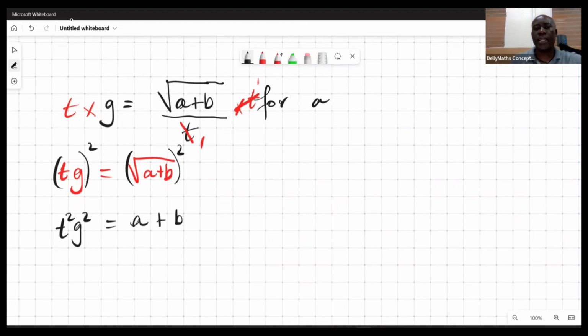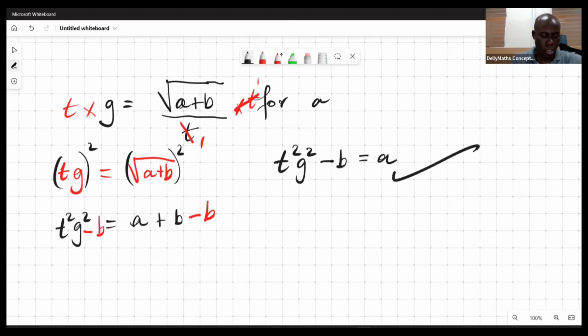In an effort to find a, we will now subtract b from both sides, minus b, and then minus b from the other side. Let's finalize this. T square g square minus b is equal to a. There we go. A is by itself.